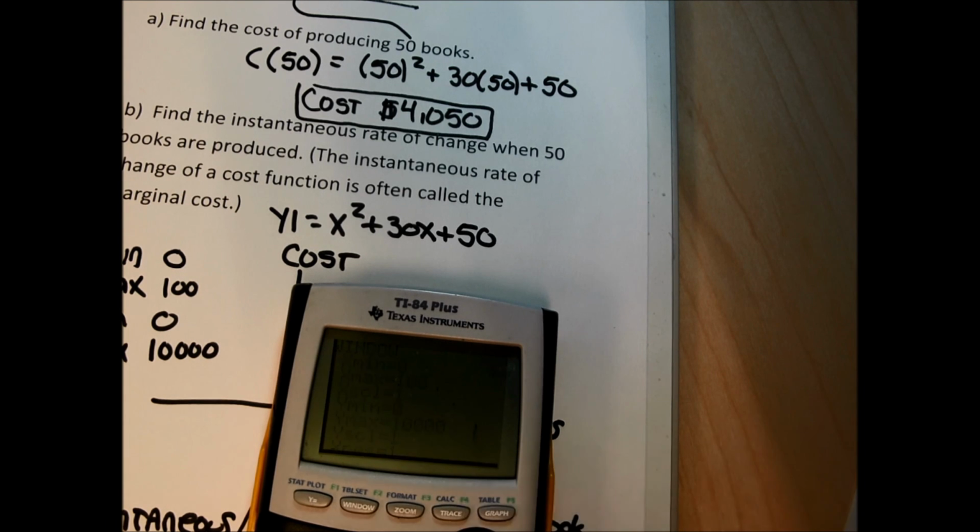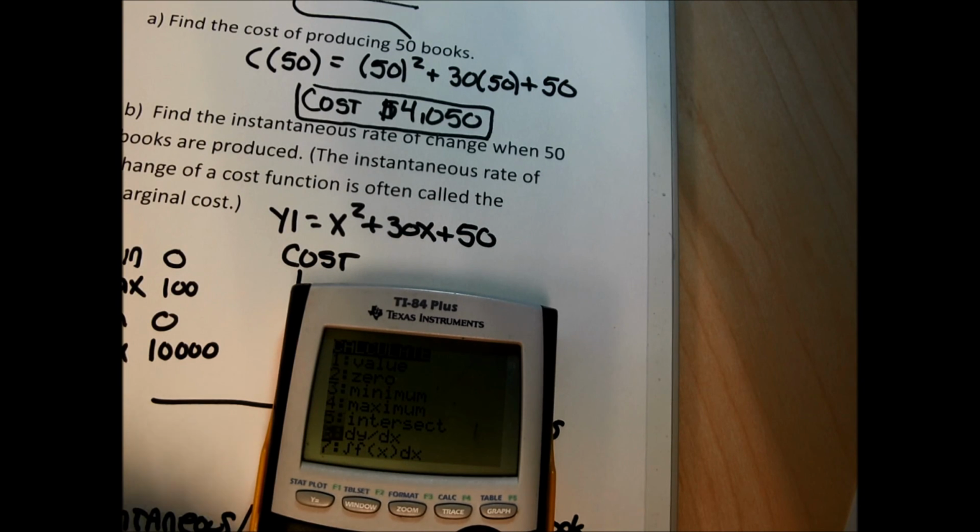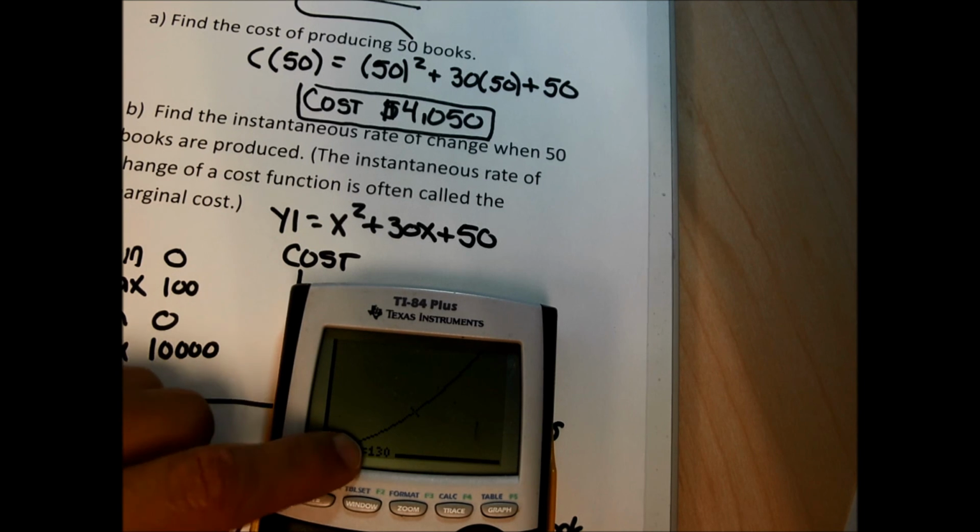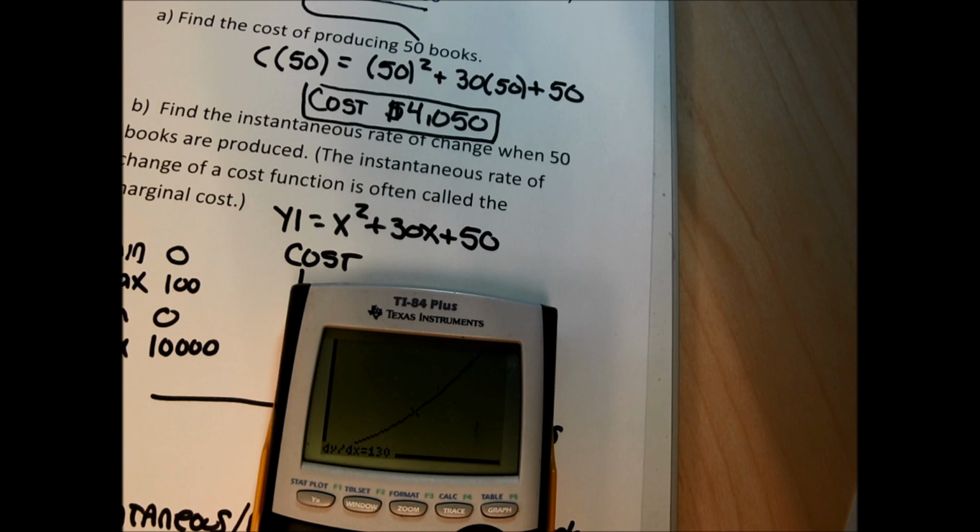Again, it might not be the best window, and it's not, but it's good enough. Now I'm going to find the instantaneous rate of change when 50 books are produced. So I go second calc dy dx, type in 50, and it gives me the instantaneous rate of change is $130. So the cost of producing the 51st book is going to be $131.